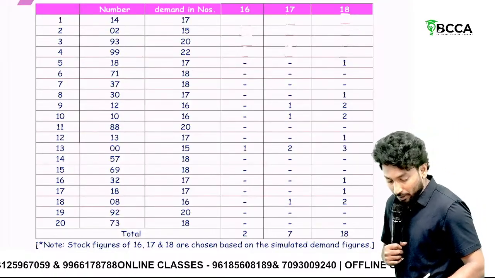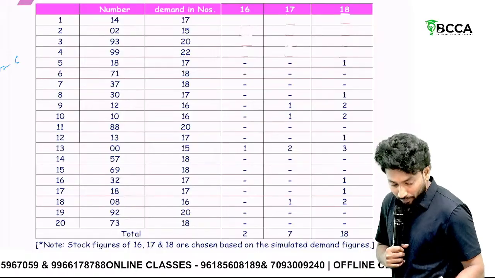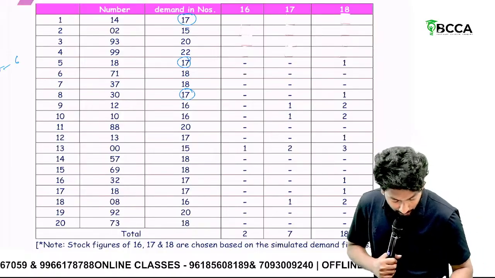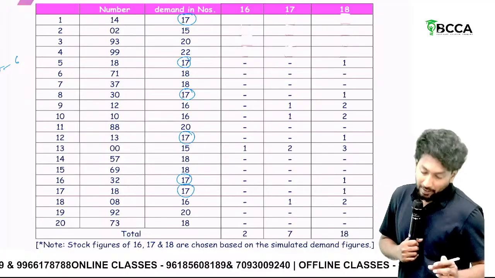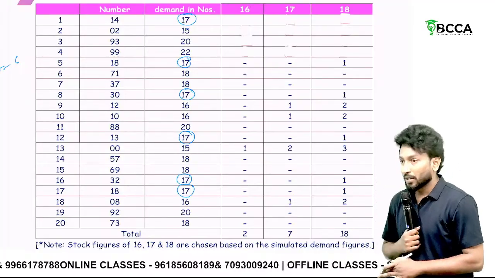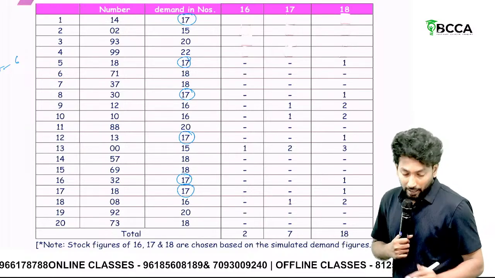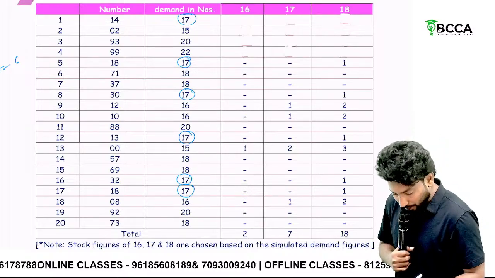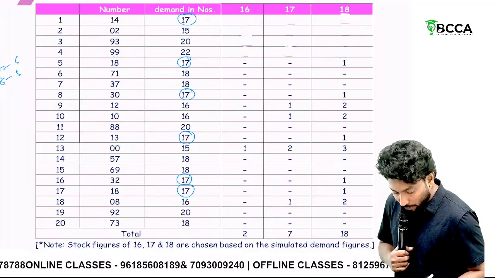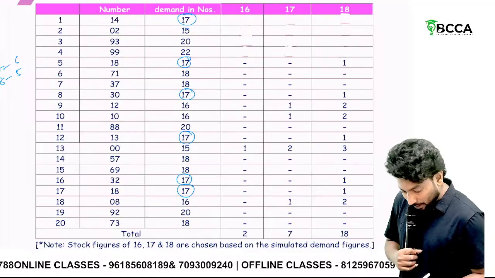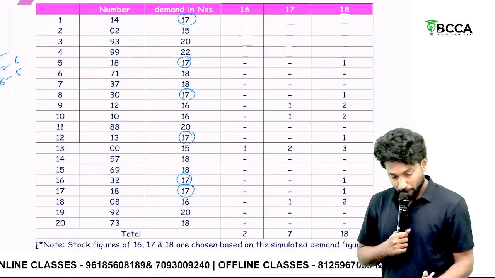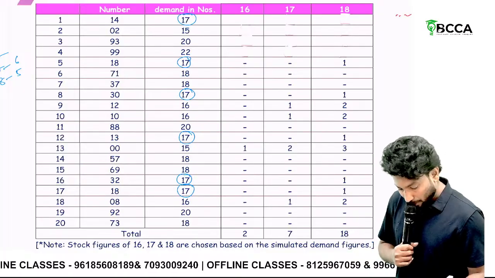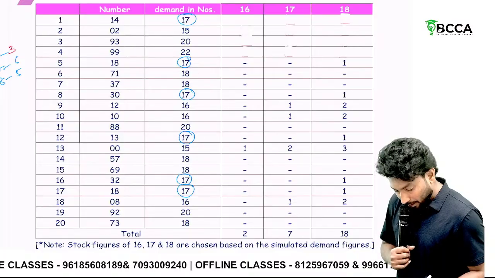17, how many times? 6 times. 17 has repeated 6 times. Next highest is 18, 5 times. Next, 16, 3 times.